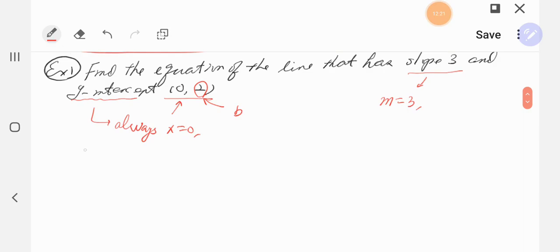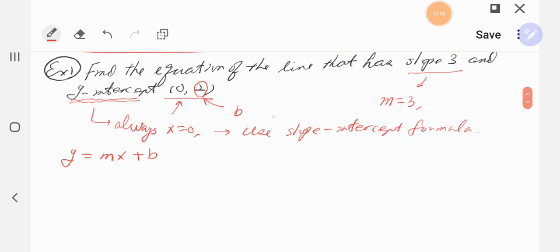So why don't we use y equals mx plus b? If the y-intercept is given, then use the slope intercept formula.